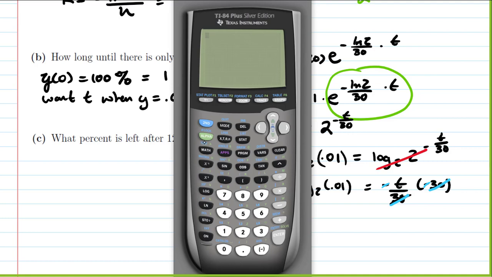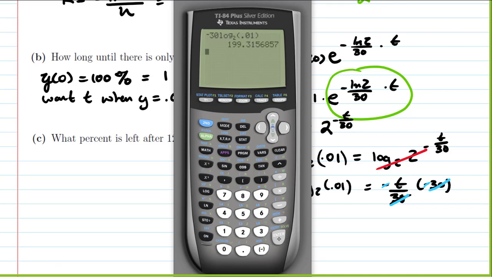So we're going to have negative 30, and then we press alpha and window. Choice number 5 is our logarithm with a different base. So we go down to choice number 5. Logarithm base 2 of, not 2.01, log base 2 of 0.01.